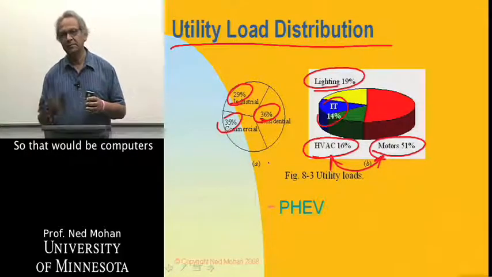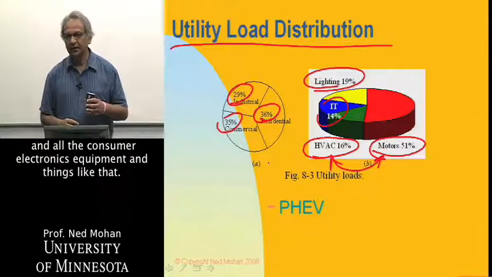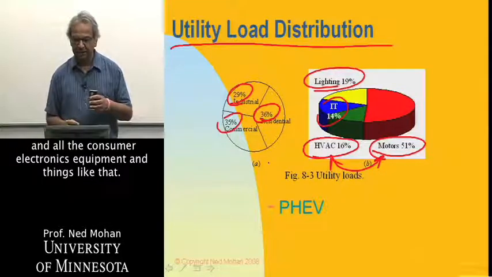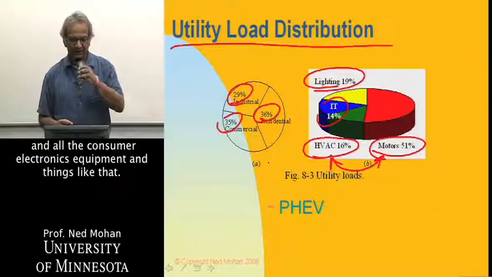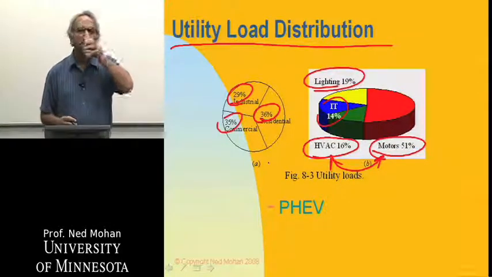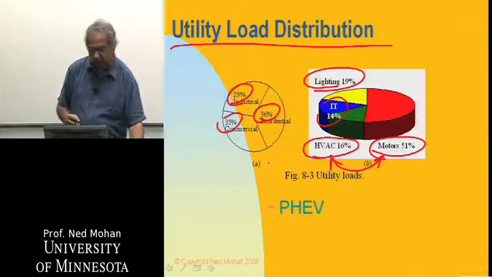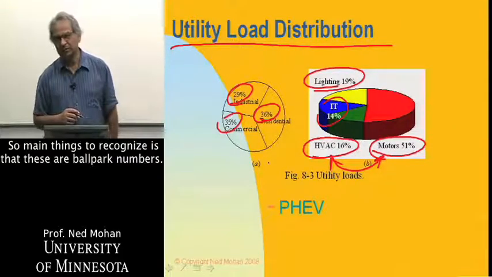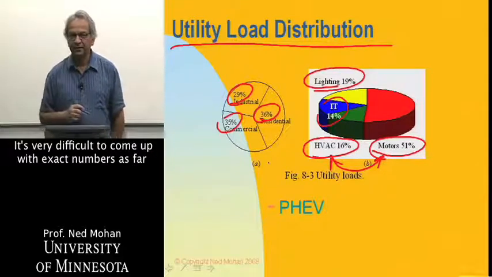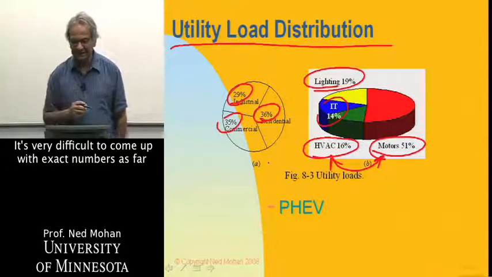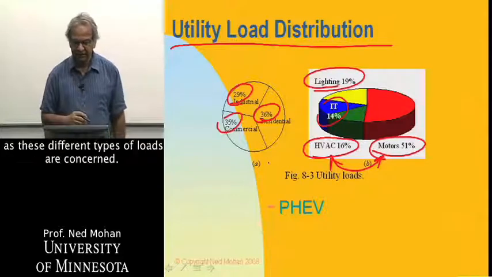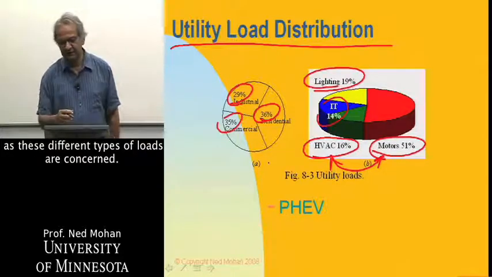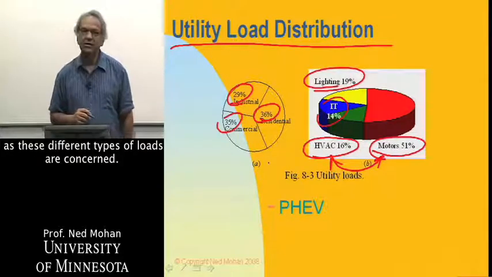That will be computers and all the consumer electronic equipment and things like that. The main thing to recognize is that these are ballpark numbers. It's very difficult to come up with exact numbers as far as these different types of loads are concerned.